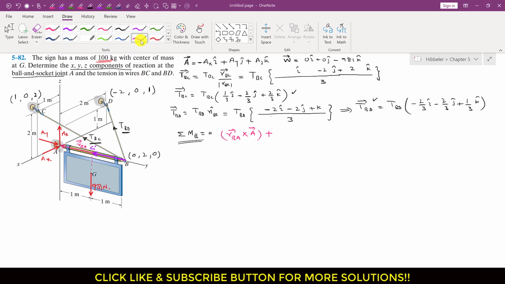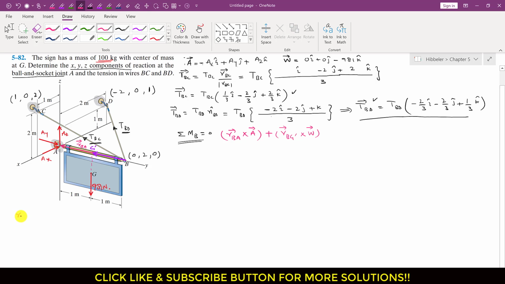So we can write that RBG dash cross weight. The moment arm could be a position vector from point B to any point on the line of action of this weight, right. So we can define this RBG dash since it's easy to find. So now we can find that RBA position vector.